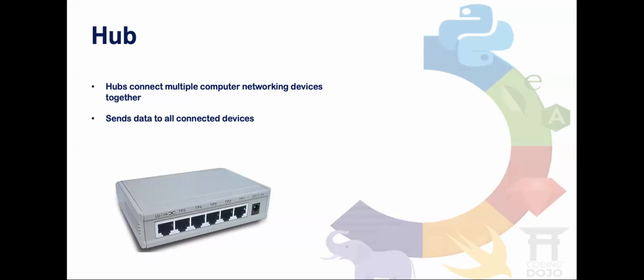Now, if I want to send information to Nujud, let's say I want to send hello to Nujud, once I type in hello, this hello is going to go to Asia, go to Modi, and then also go to Nujud. That is what the hub does. It sends information to all devices on the network.